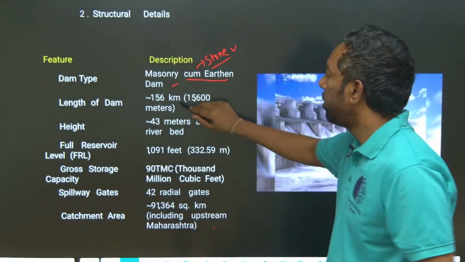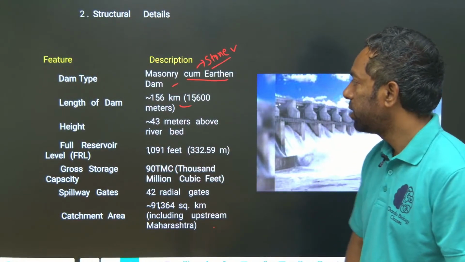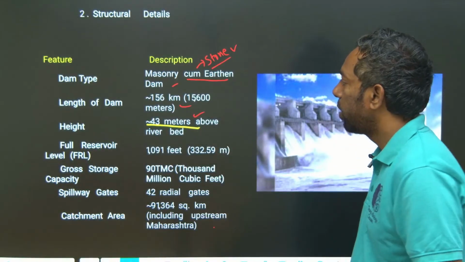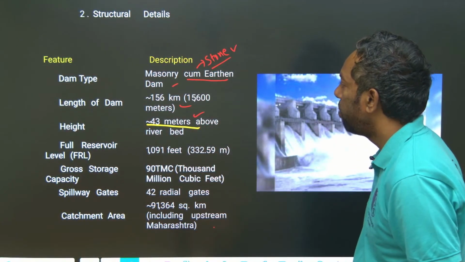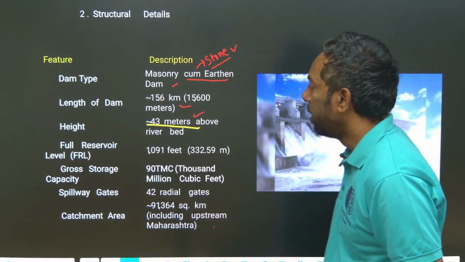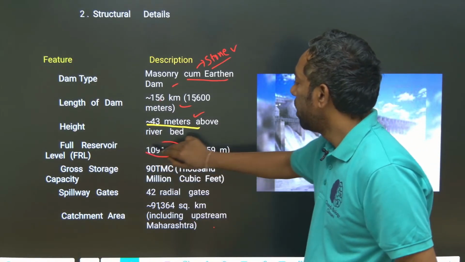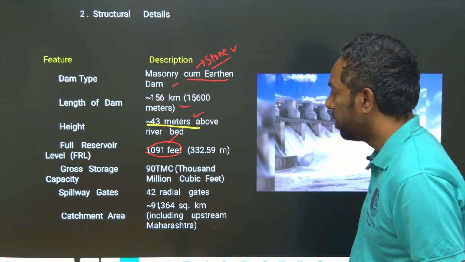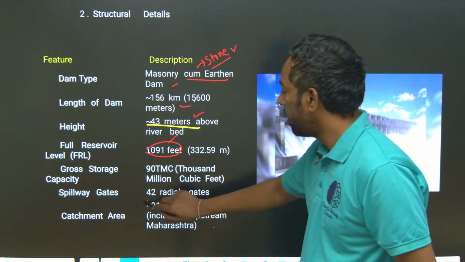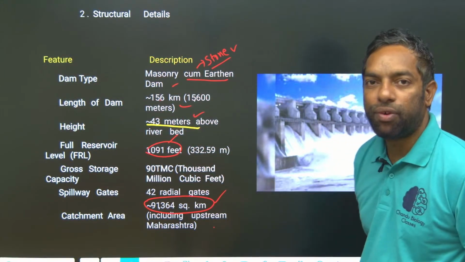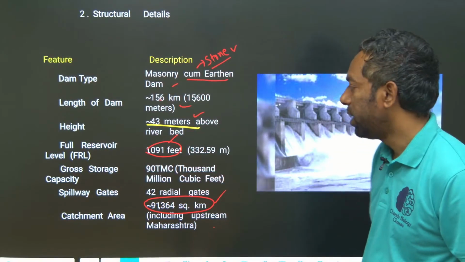Length of the dam is 15.6 kilometers and height 43, and full reservoir level is 1091 feet. They don't ask you this. Catchment area, they might ask you: 91,364 square kilometers.